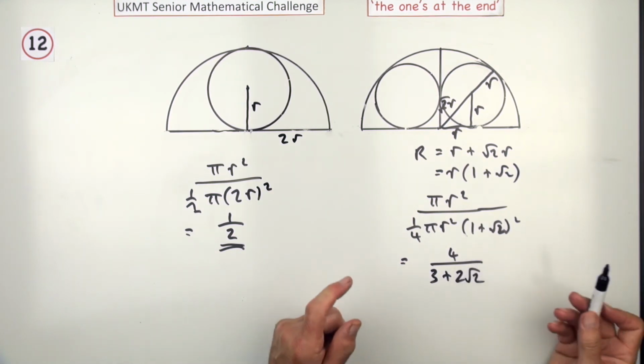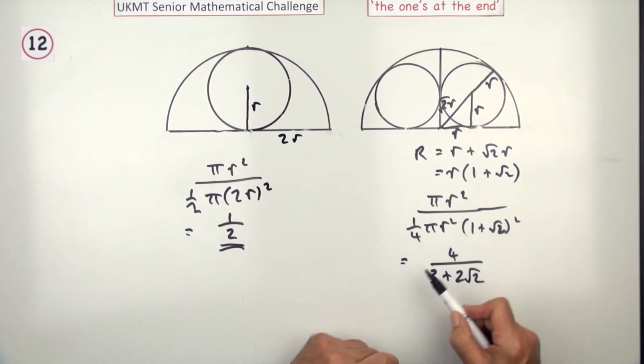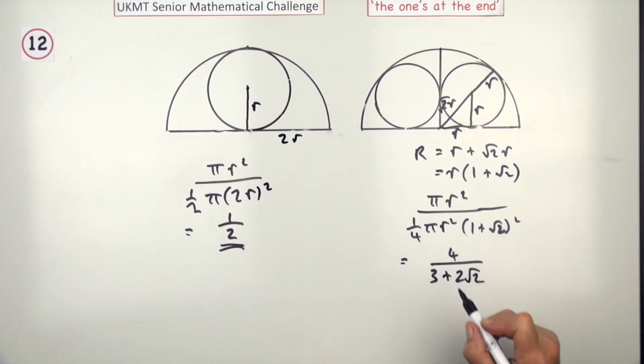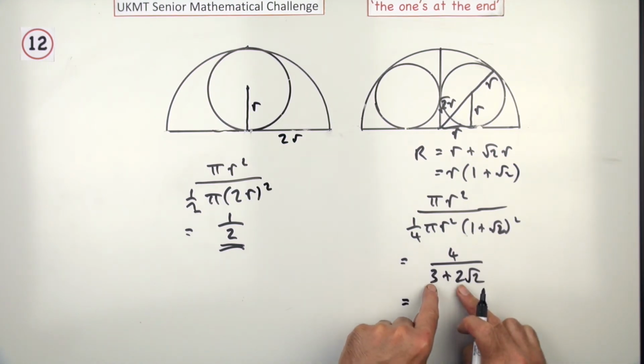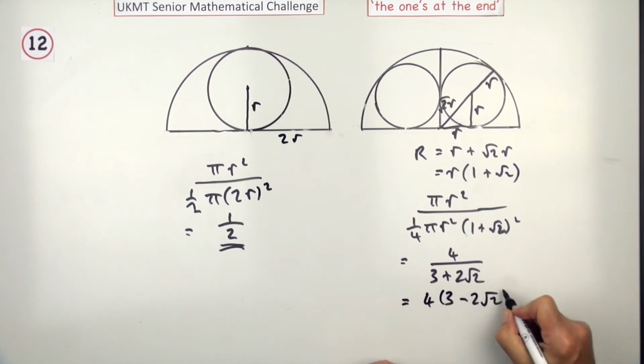I suppose you could sort of remember that, because what does it look like? 4, 3, 2. But there's no fractions like that in the answer, so if you rationalise that denominator, notice that that's a 9 when you square it, and that's an 8 when you square it, so the difference will just be 1. That'll be 4 times 3 minus 2 root 2.